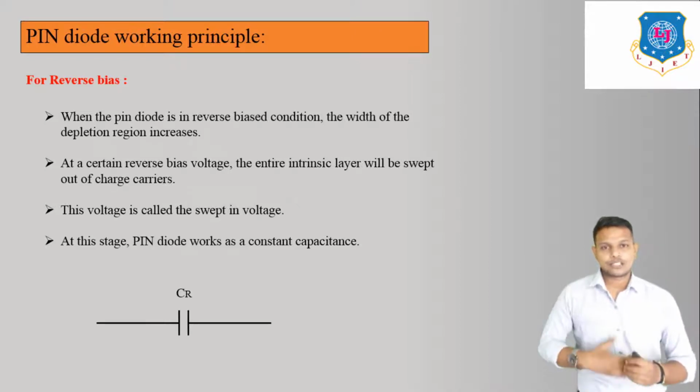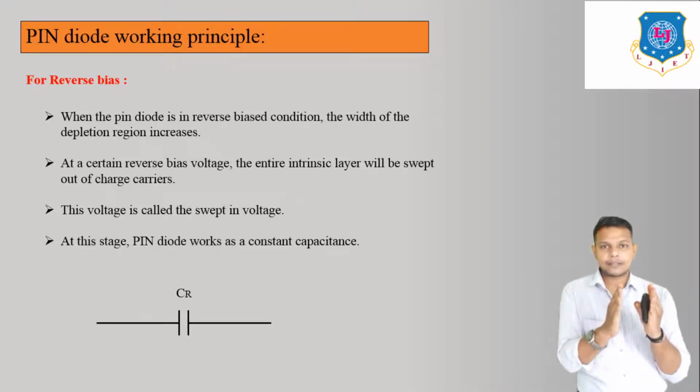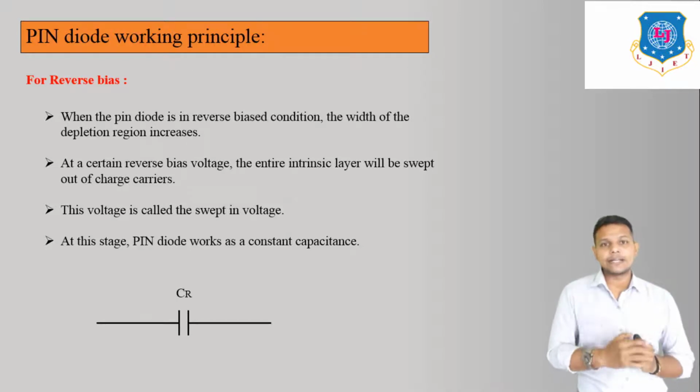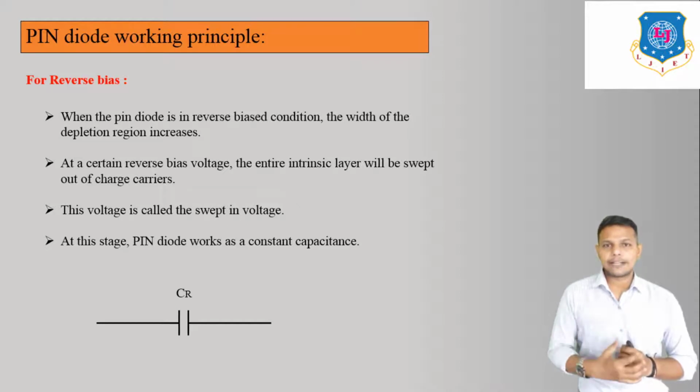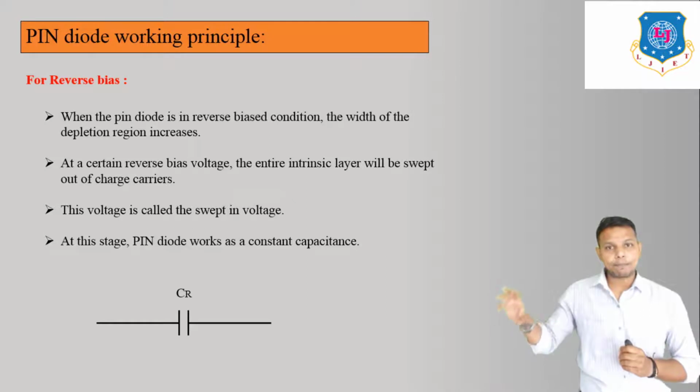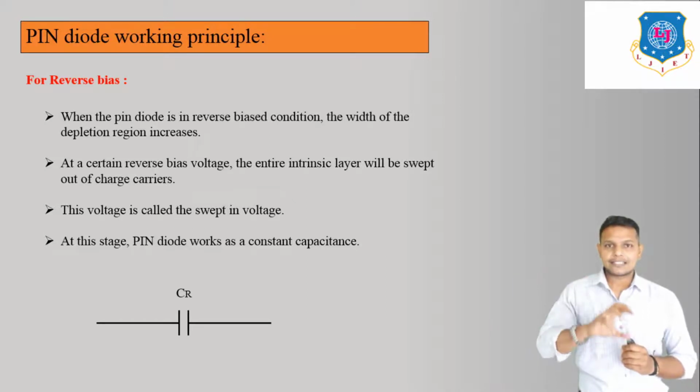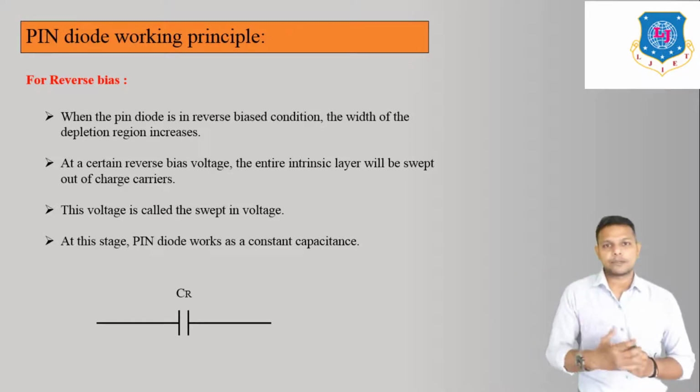Why? First of all, we have to know about a capacitor. A capacitor is made of two conducting plates, and between these two plates there is an insulating layer or region, which is called the dielectric medium. Similarly here in the PIN diode, this type of construction is formed.